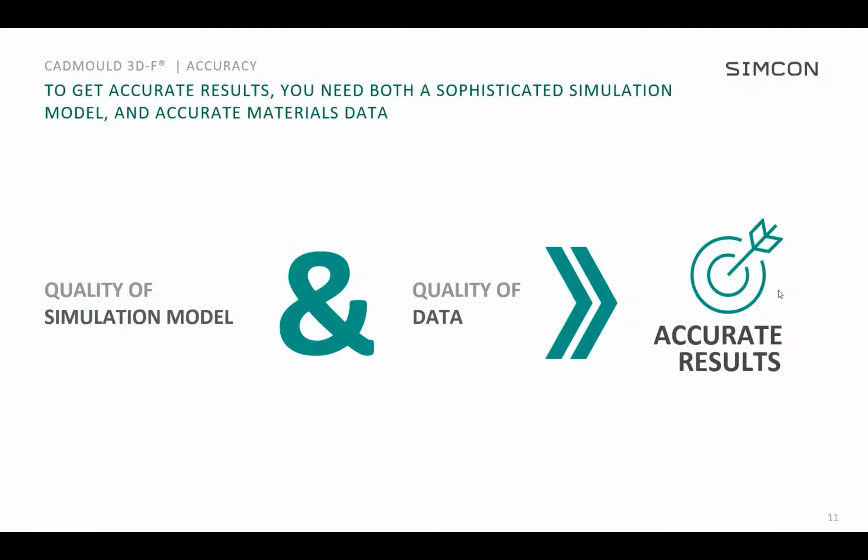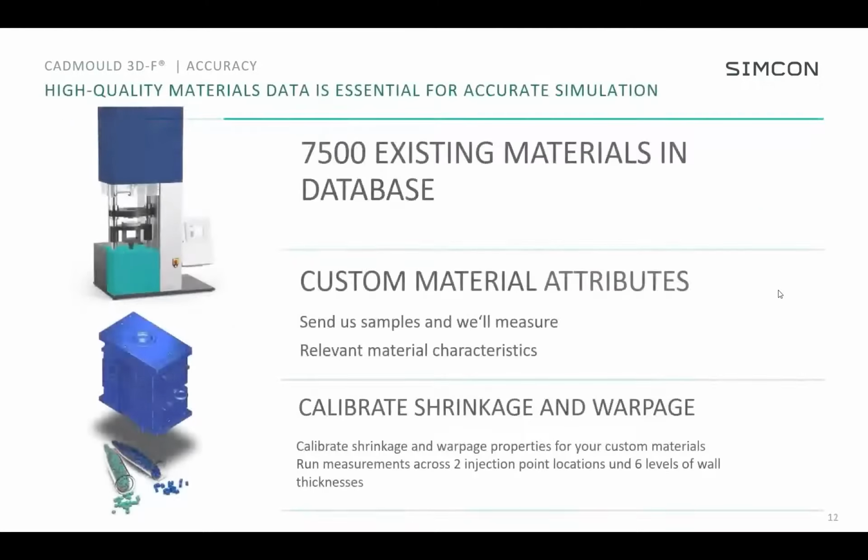So the quality of the simulation plus the quality of the data gives us accurate results. Simcon utilizes a database of over 7,500 materials with all the parameters supplied by the manufacturers of the plastic.